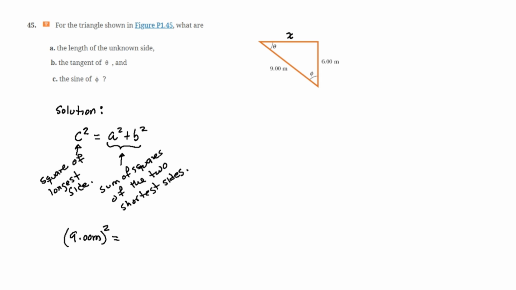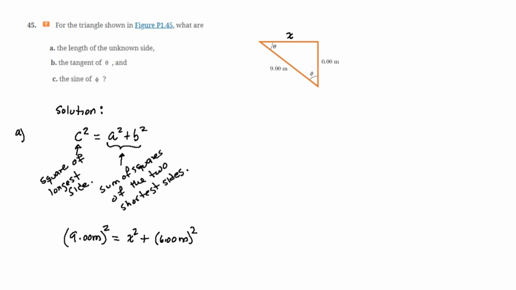So it's equal to x squared plus, what is my other shortest side? 6. So plus 6.00 meters squared, right? Now, of course, I will solve for x squared, or I will solve for x, right?